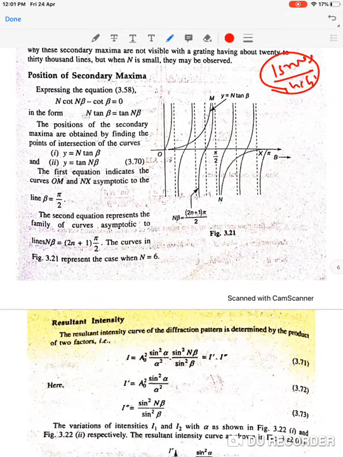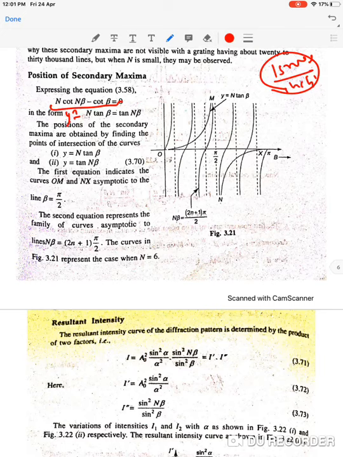Now for the position of secondary maxima, we again use this kind of equation. By solving this equation and converting it to tangent form, we get n tangent beta is equal to tangent n beta. Considering that both values are equal to y, we plot y with respect to n tangent beta and tangent n beta.